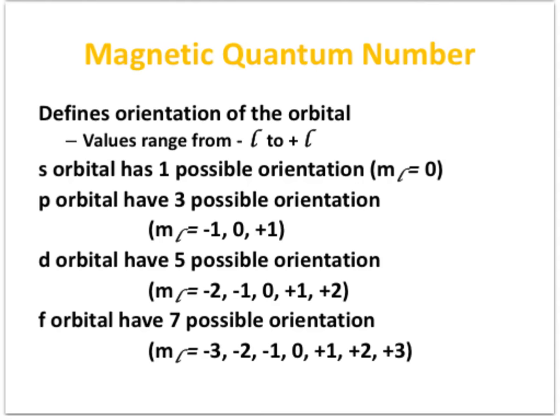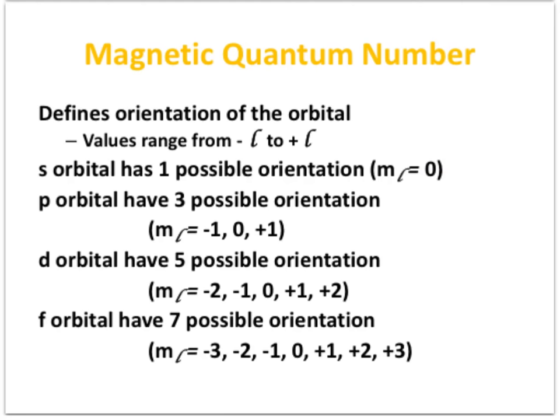The magnetic quantum number defines the orientation of the orbital, and its values can range from negative l to positive l. Let's look at this. For the s orbital, it has one possible orientation. What's the value of l for the s orbital? Remember, it's 0. What's negative 0? Still 0. What's positive 0? Still 0.